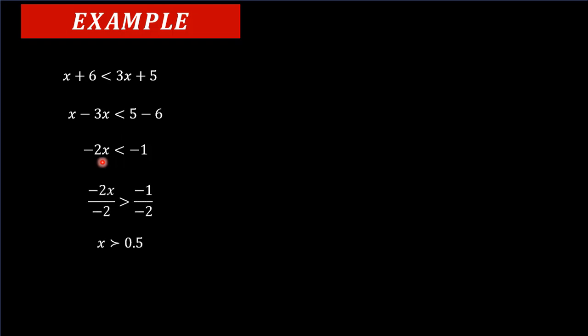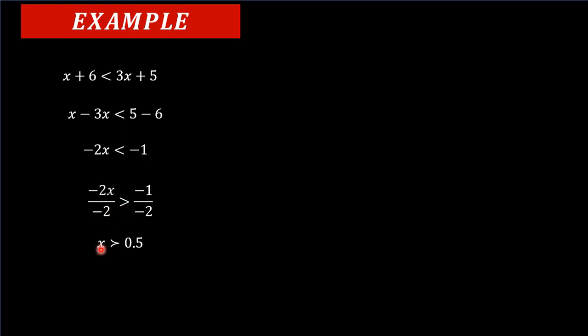If I do so, minus 2x will be divided by minus 2, minus 1 will be divided by minus 2. But you see that, students, since I am dividing both sides with minus 2, I have to reverse this sign. So the lesser than sign will be replaced with the sign that represents greater than.